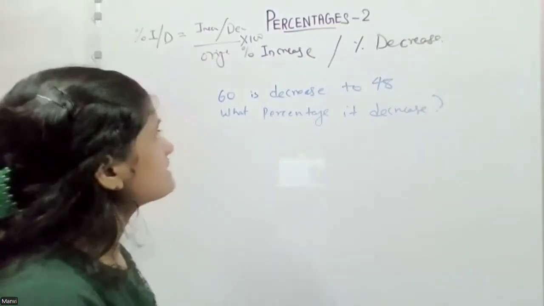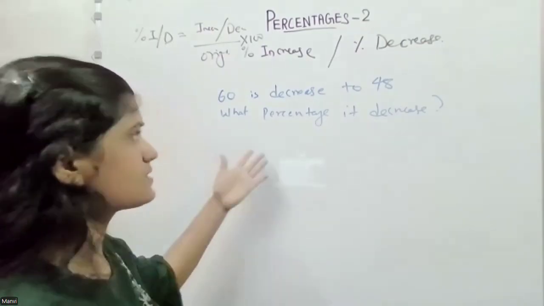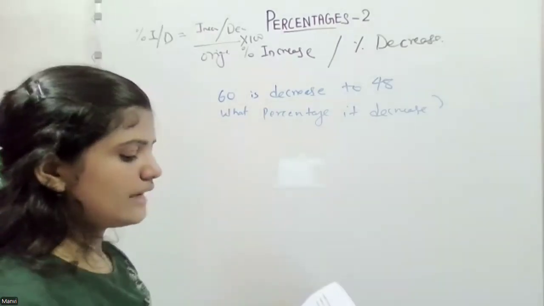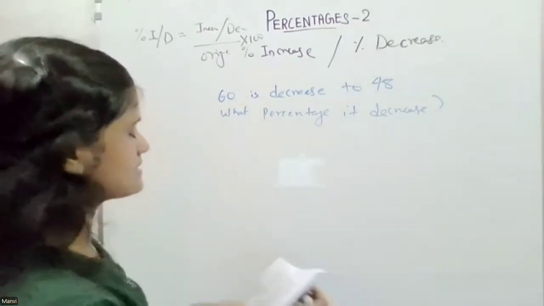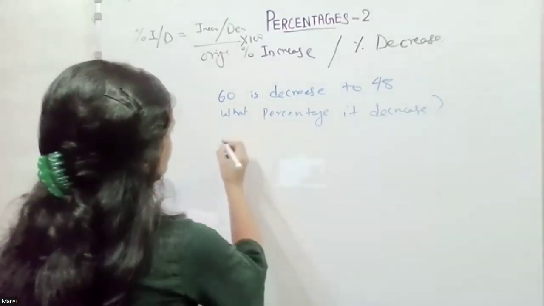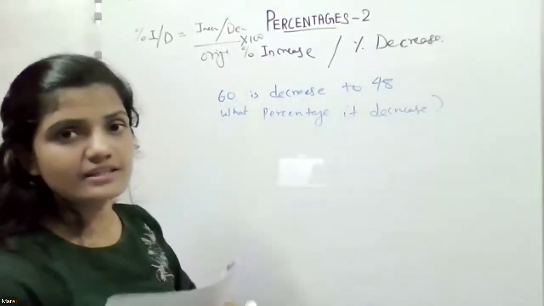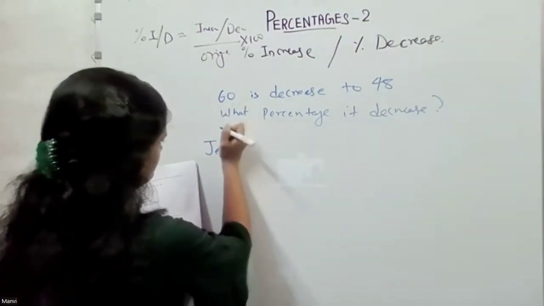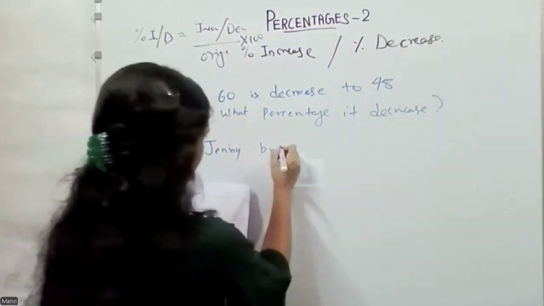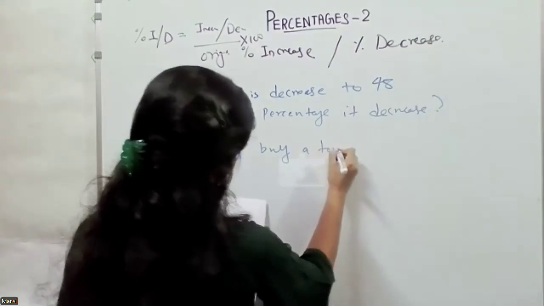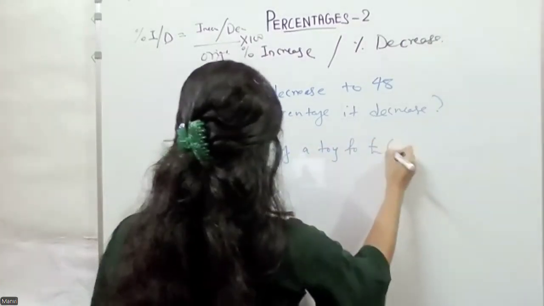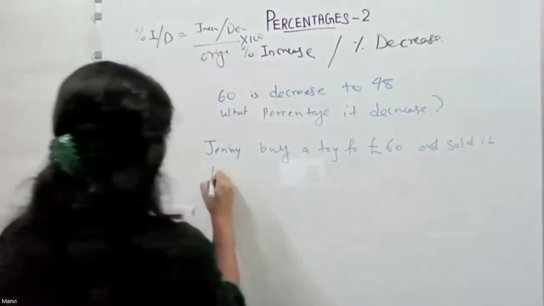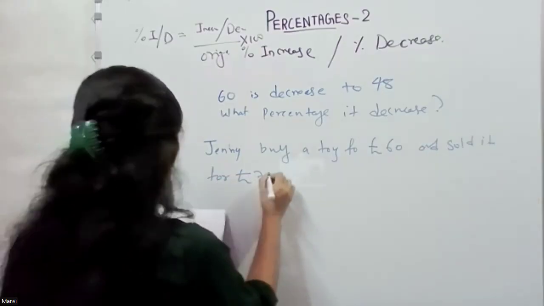Sometimes they don't ask about this directly, like this increase to that or this decrease to that. They ask it this way. Like Jenny bought a toy for pound 60 and sold it for pound 72.